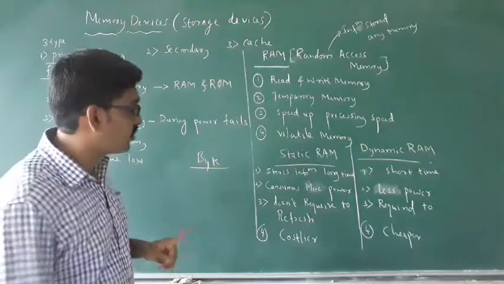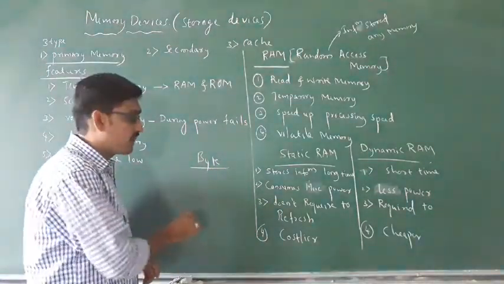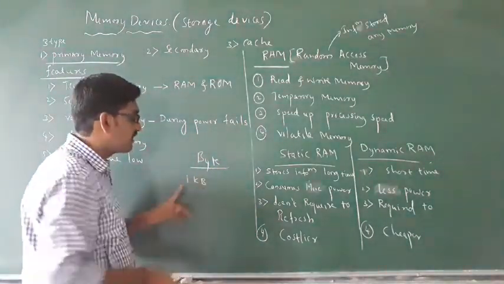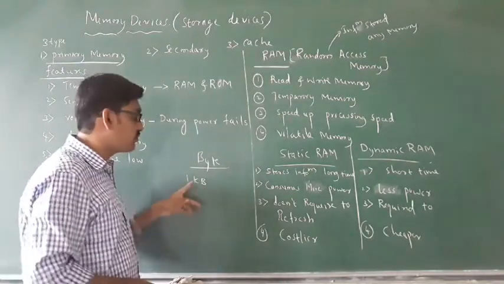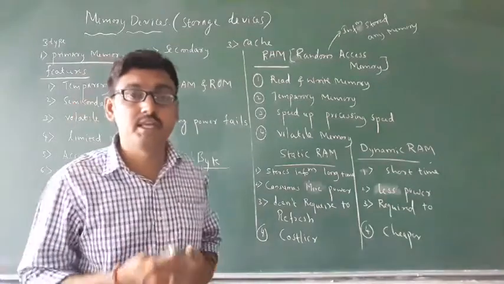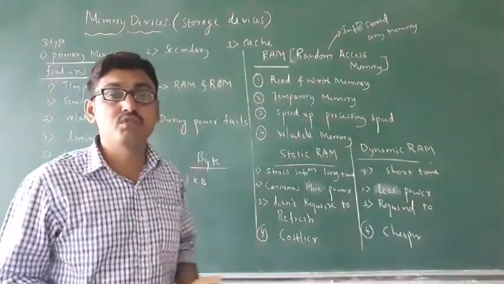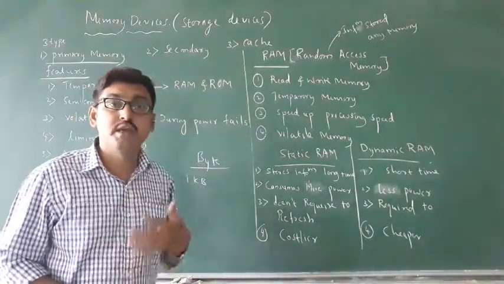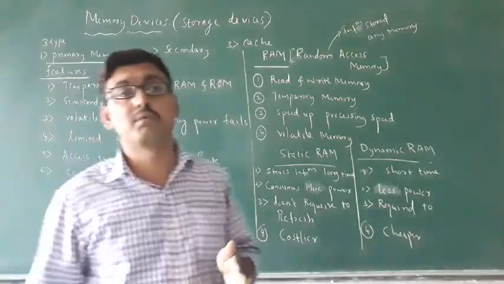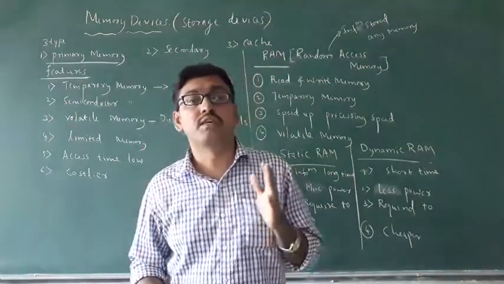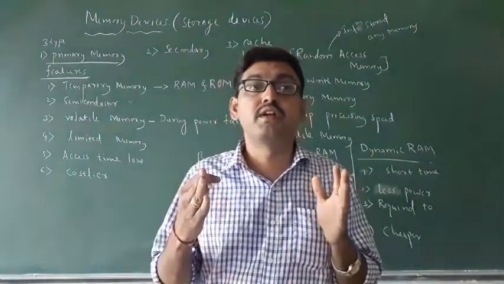For example, 1 KB means 1 kilobyte. Almost all files are in KB. Videos are usually in MB. MB means megabyte.